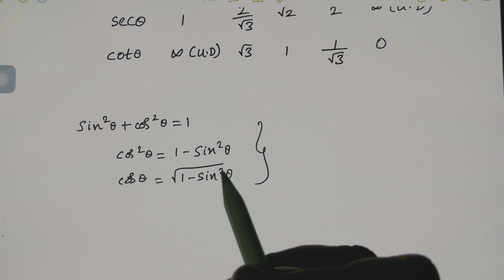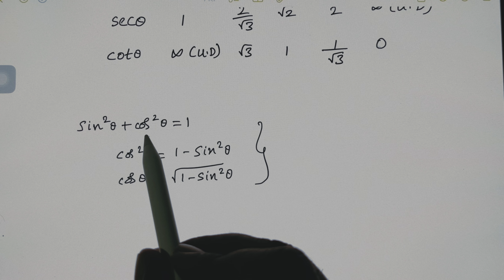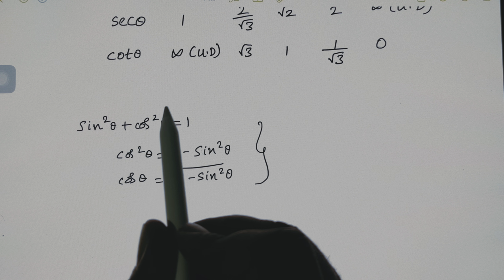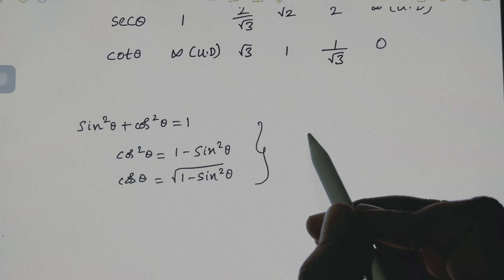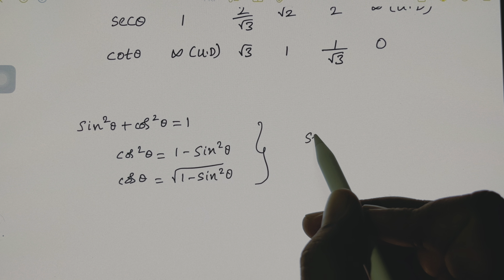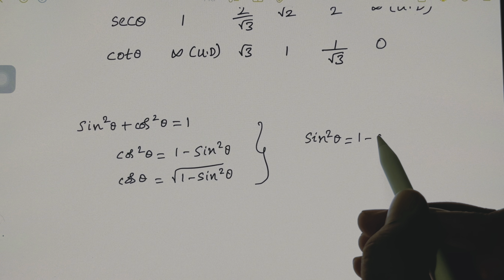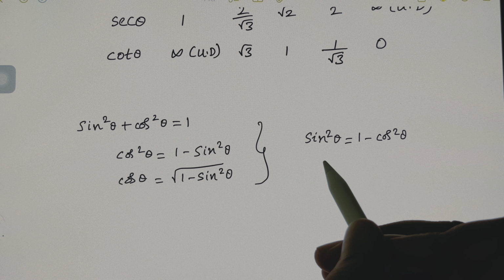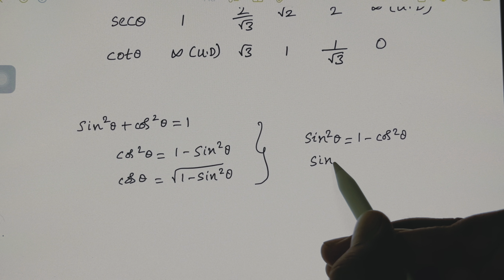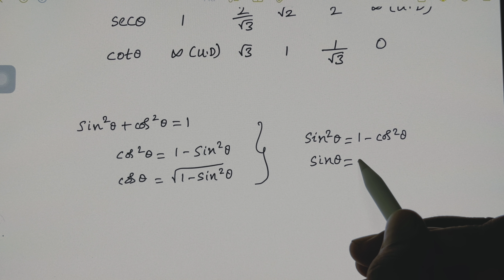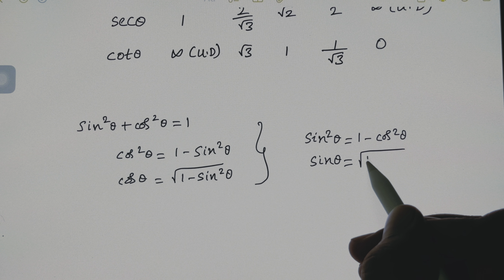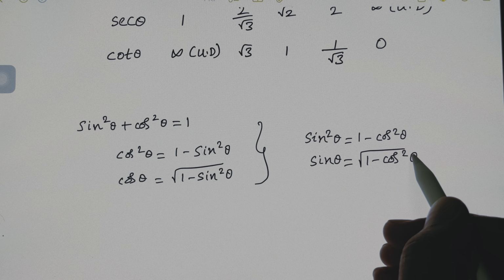Similarly, instead of sin square theta, you can shift cos square theta to the right side. You will get sin square theta equals 1 minus cos square theta. Taking the square root, sin theta equals square root of 1 minus cos square theta.